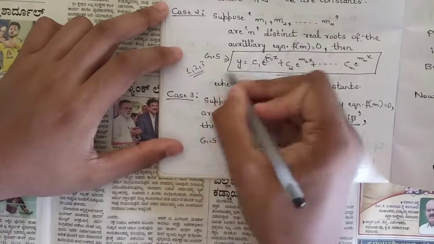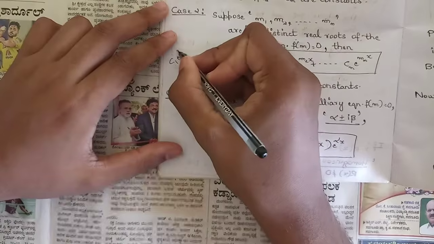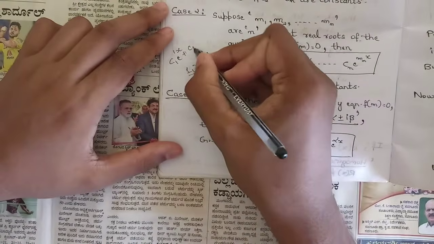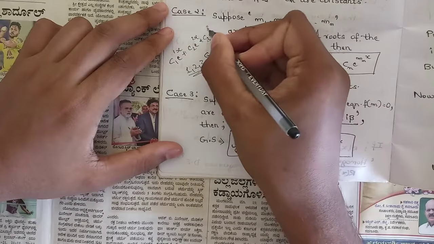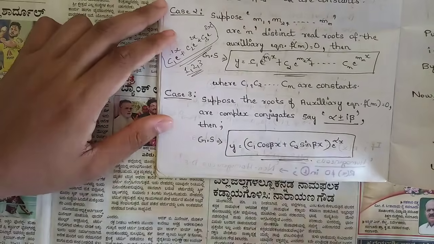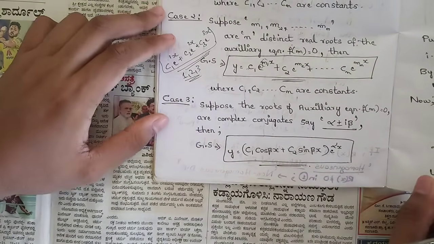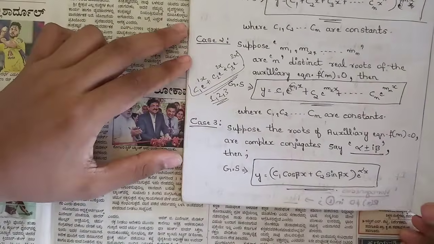Here the first root is 1, so we write the general solution as c1 e power x plus c2 e power 2x plus c3 e power 3x. In this module, all we need to write is the final solution in the form of a general solution.